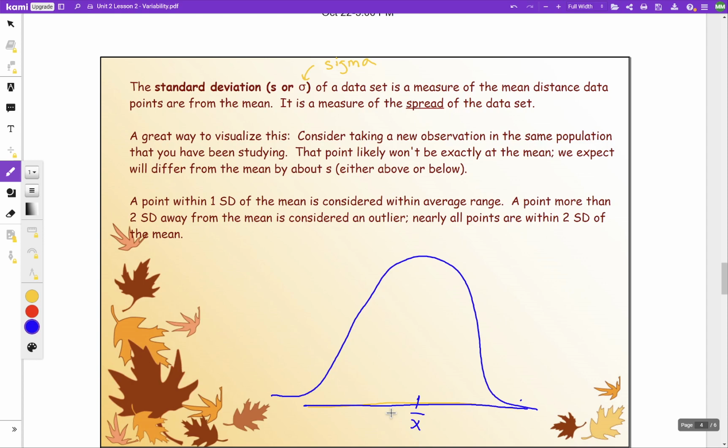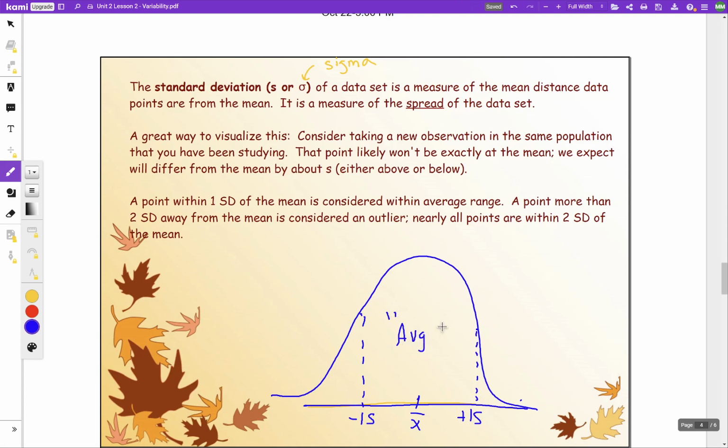The mean and median are about the same. And most of your data is near average. So what happens is we're going to come over here. I'm going to draw a dotted line here and a dotted line here. And we're going to say minus 1s, plus 1s. So we consider this average.